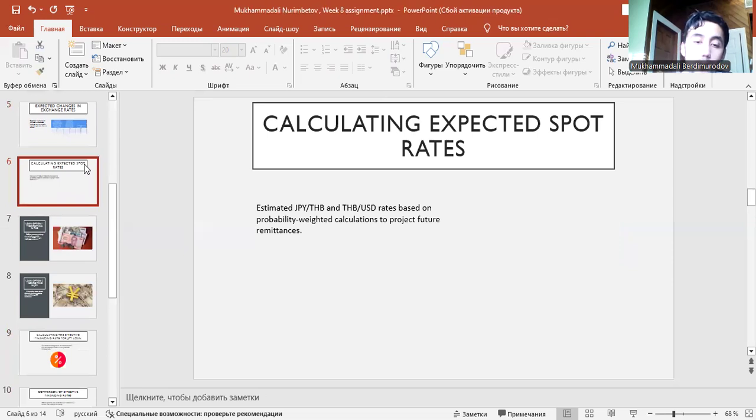Let's move on to the next slide. Using the probability-weighted changes, we estimated the expected spot rates for the Japanese yen, Thai baht, and Thai baht to US dollar after the 6 months. This helps us anticipate the likely remittance amount in US dollars under each loan option.